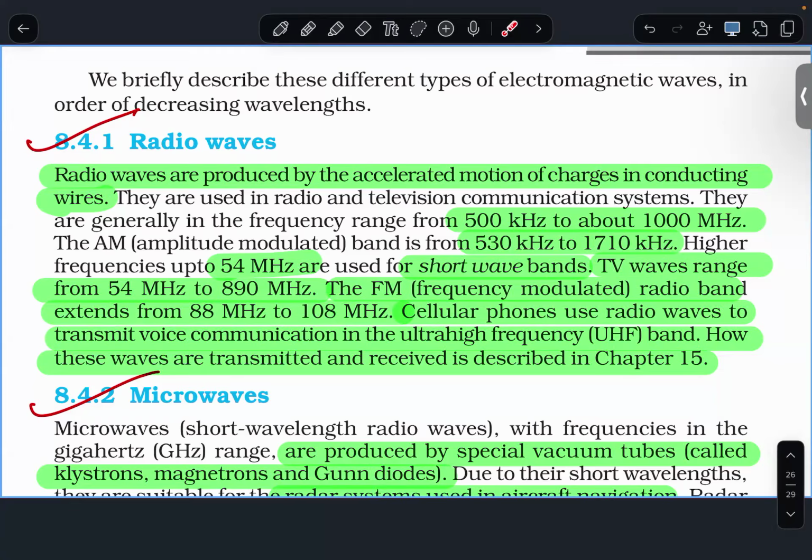Those frequencies whose frequency range is above 54 megahertz are used for short wave bands. In our channels, earlier when we used to have cable TV, a cable line that comes straight from somewhere to your TV.